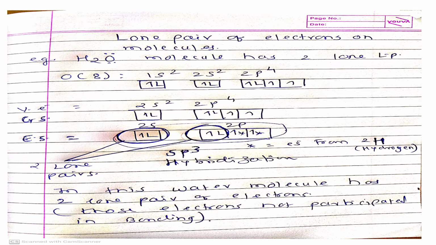Whether in the ground state or excited state configuration, during bond formation the oxygen atom undergoes excitation and makes orbitals or electrons available for bond formation. As we can see, in the ground state there are 2 unpaired electrons on the oxygen.